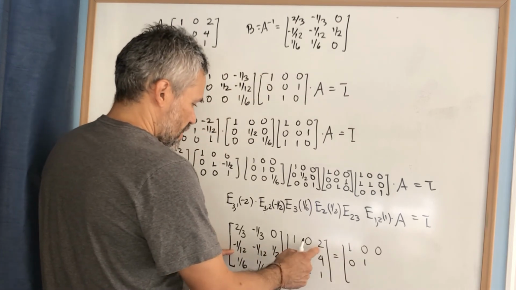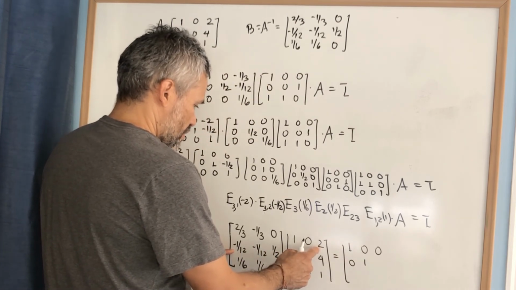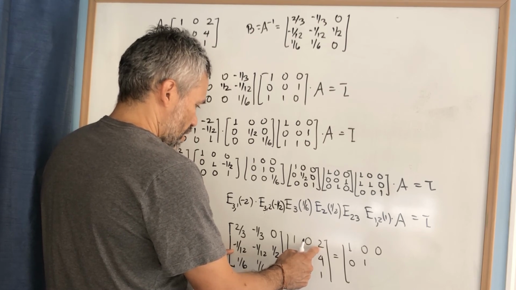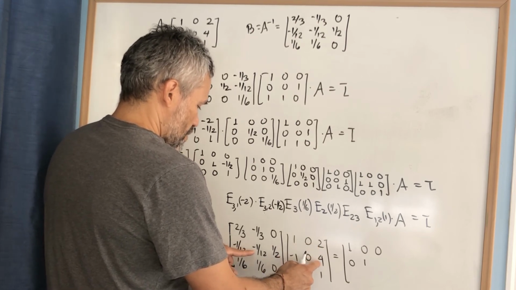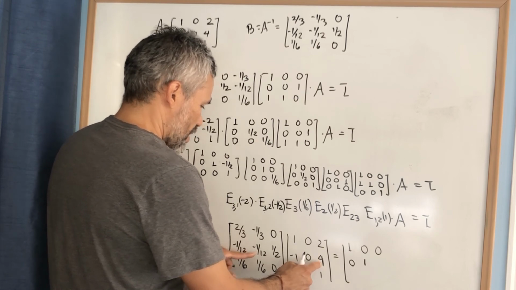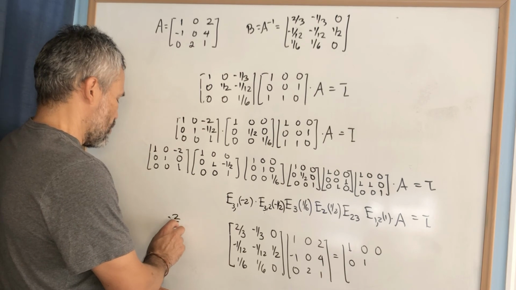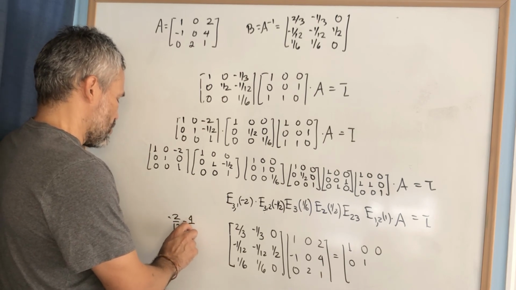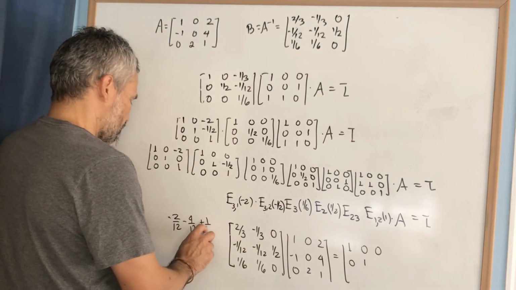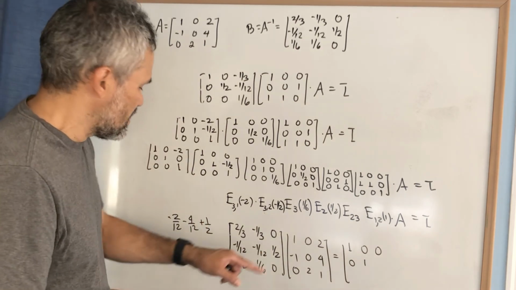And here we have negative 2/12 minus 4/12 plus 1/2. What is this?